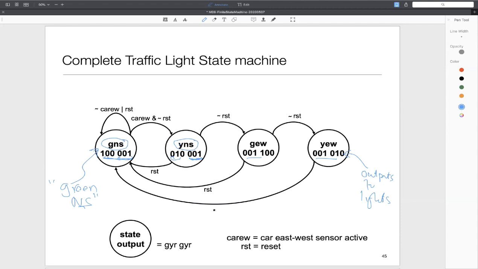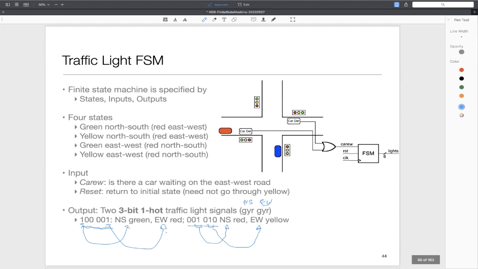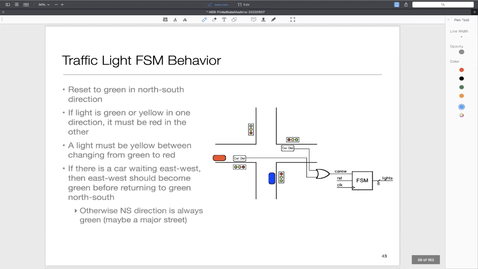Could you clarify physically what the reset input is representing in this example? So reset basically means I want to go back to the reset state, which is green in north-south direction. So usually the purpose is, right after power up, we are going to reset the hardware so that it starts out with green light in north-south direction, and of course red in the east-west.